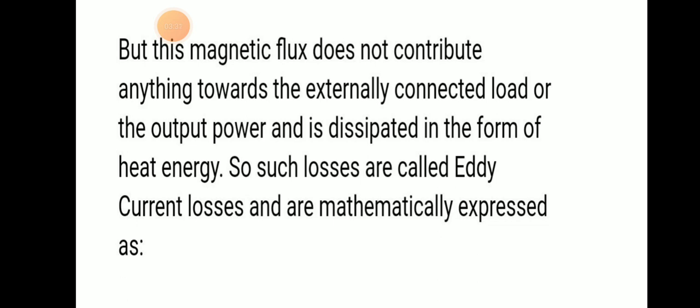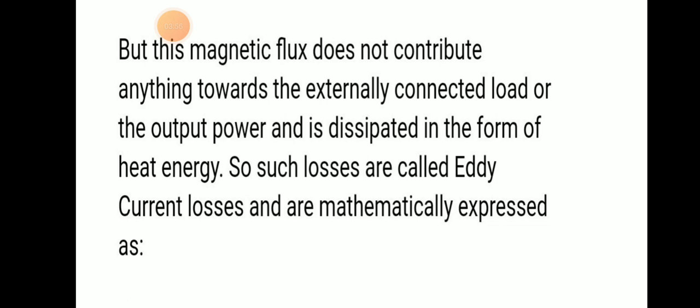So, when an alternating current is supplied to the primary winding, it generates an alternating magnetic flux, which induces the secondary winding by Faraday's law and is transferred to the externally connected load. During this process, other conducting materials of the core get linked to the flux, and an EMF is induced.